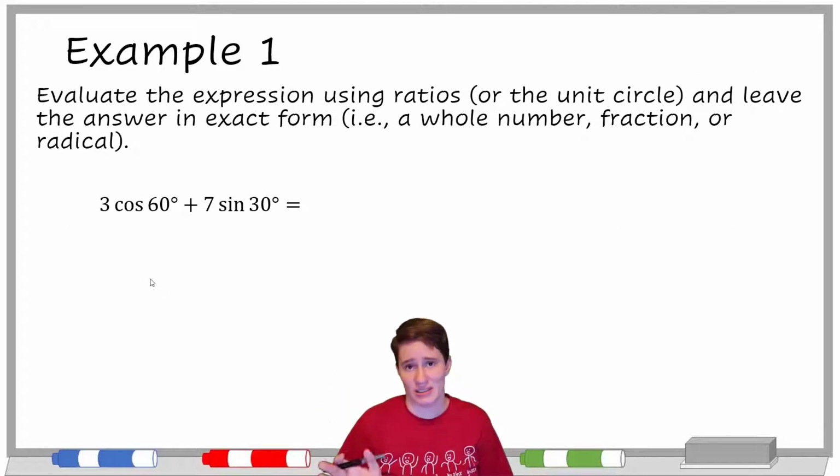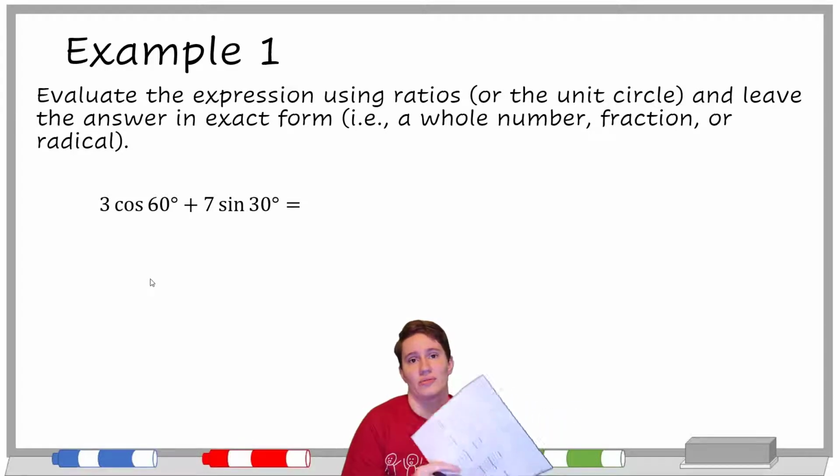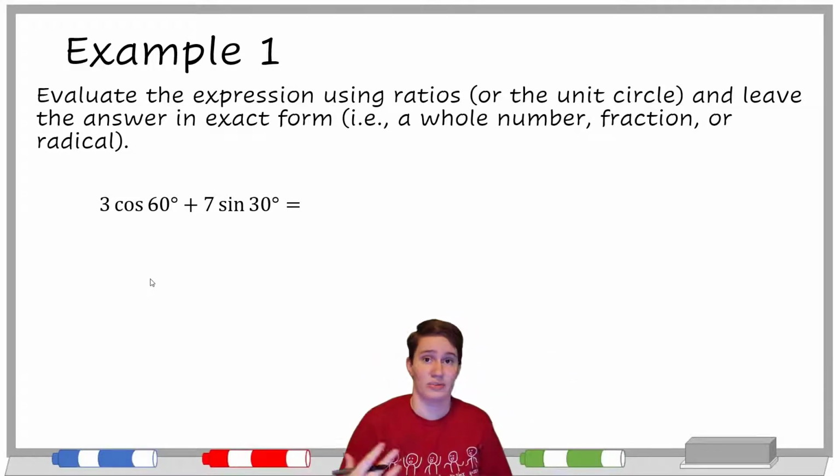Besides having a notes page to write this down, it would also be helpful for you to have some sort of identity sheet that you're using, unless you feel like you already have them memorized. Also helpful is a unit circle as a reference. You don't technically need either of those things, but they can help.